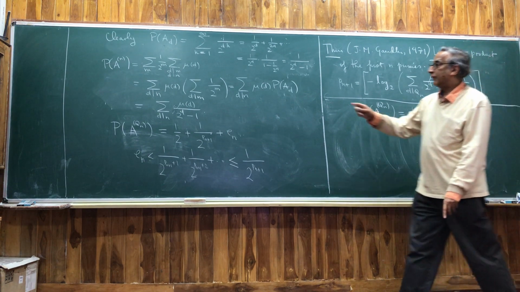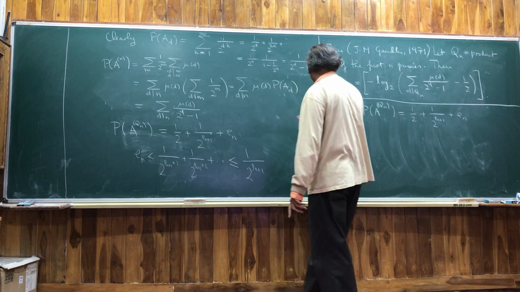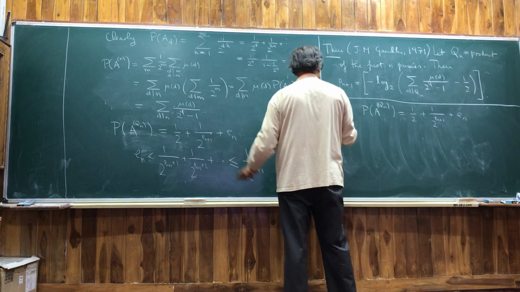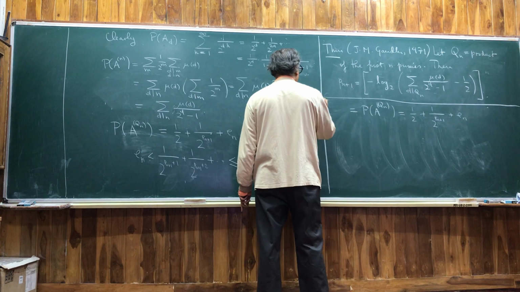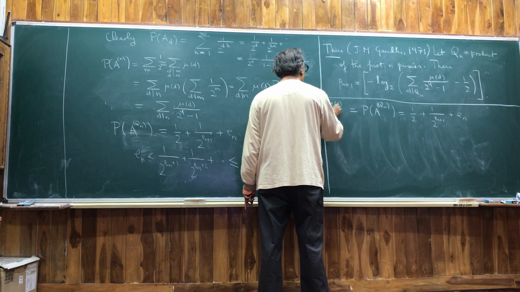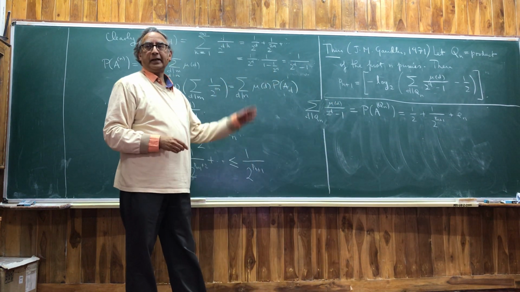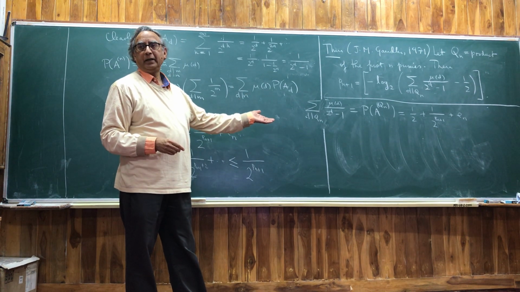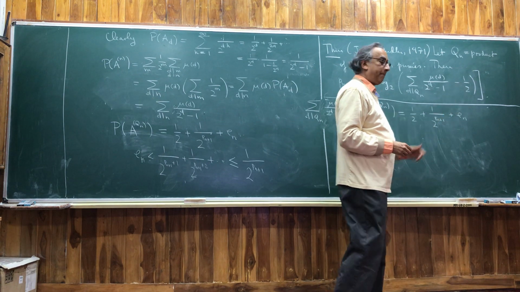On the other hand, we have a formula for this from here, which is equal to the summation over d dividing q sub n of mu of d over 2 to the d minus 1, by that formula. So on one hand, the measure is given by this formula. On the other hand, the measure looks like 1/2 plus this stuff.